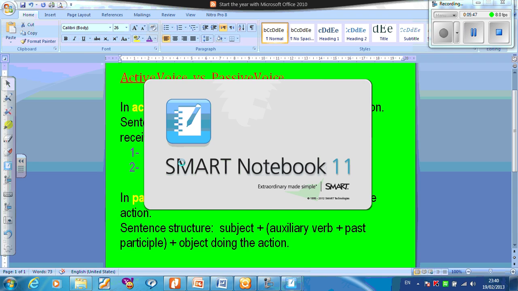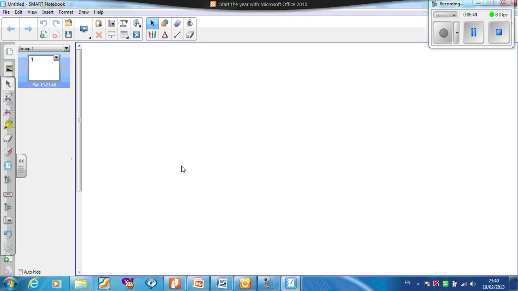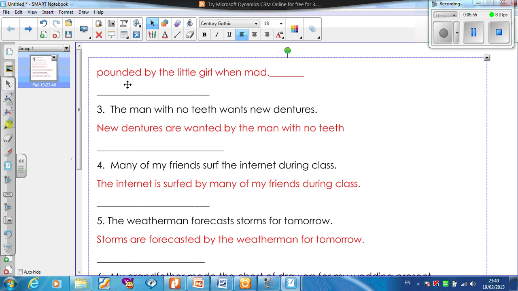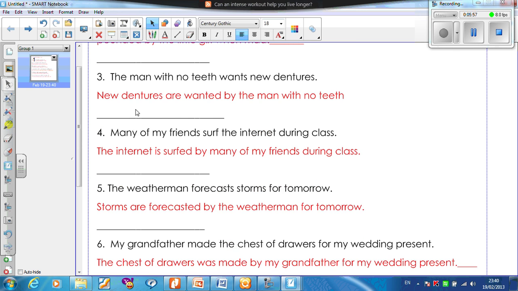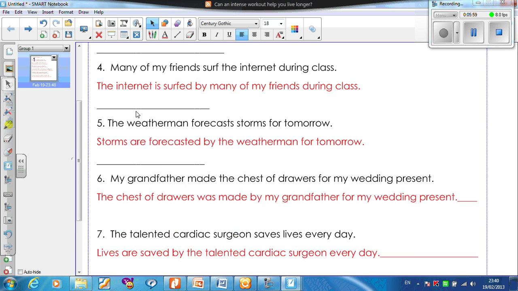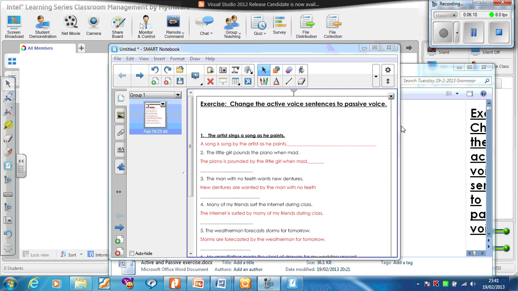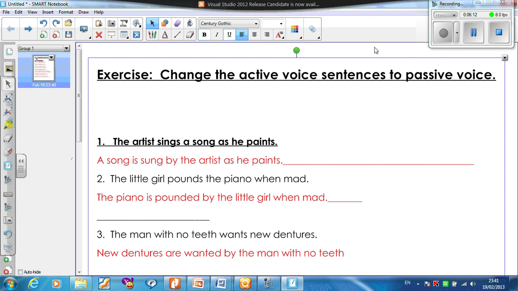Okay, now I want you to try to think about active and passive sentences. Now we have an exercise to change the active voice sentences to passive voice.